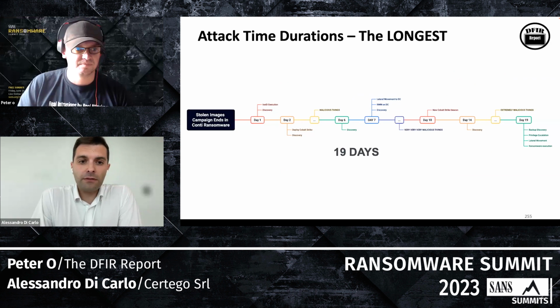On the other side, Conti's compromise was the longest one examined, and it ran for 19 days. Everyone is familiar with Conti, I think. In this particular instance, IcedID was used to carry out the first compromise, which was followed by recon work, a lot of lateral movement, and the placement of Cobalt Strike beacons.